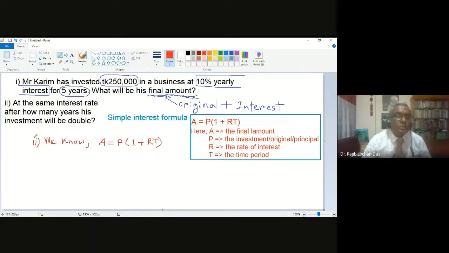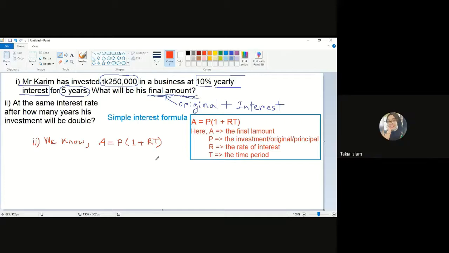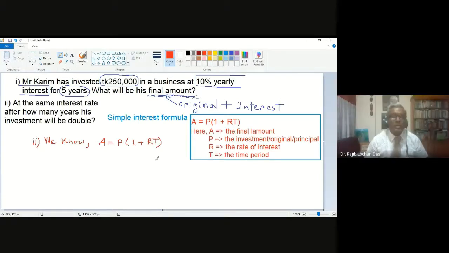So I am doing number 2. You will write again the same formula. This is the formula, A equal to P into 1 plus RT. Now, what is the question actually? What will you find out? Sir, we will find out the time, T. T value, right.